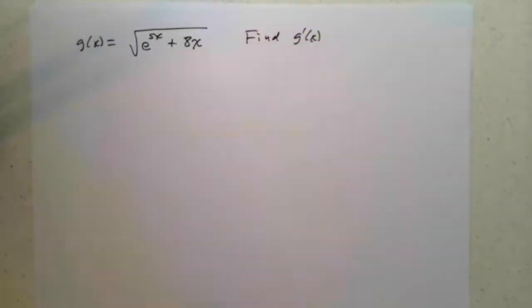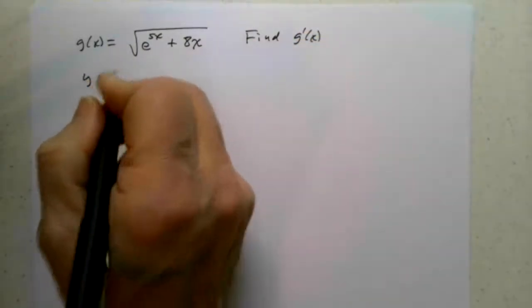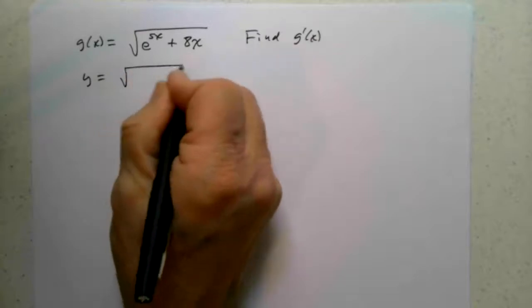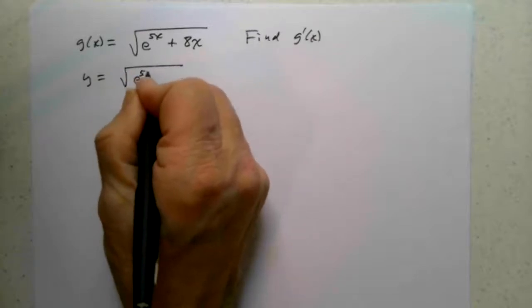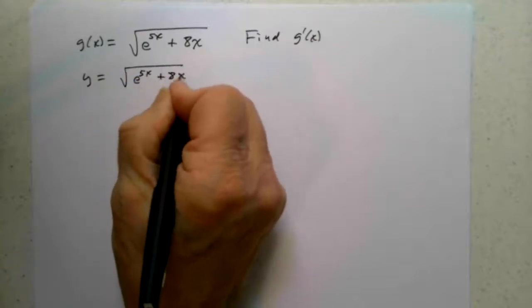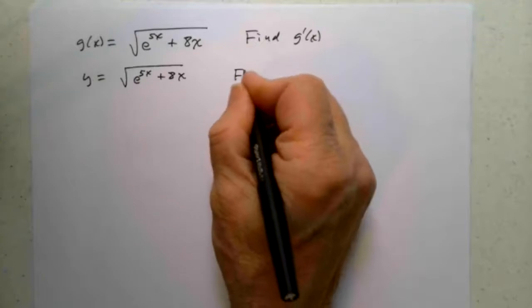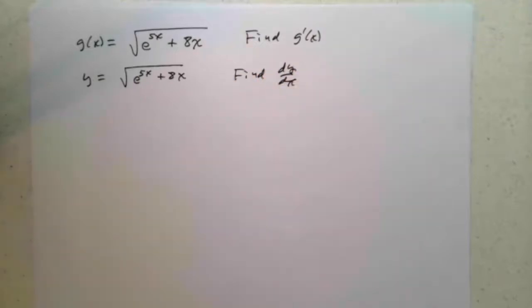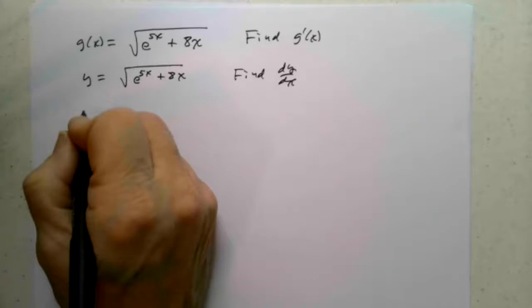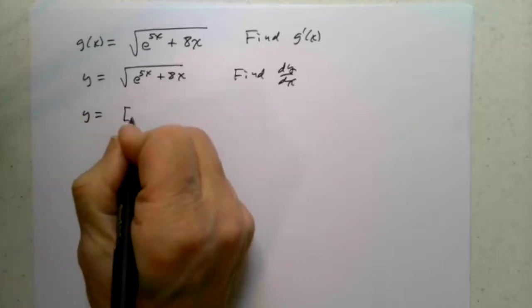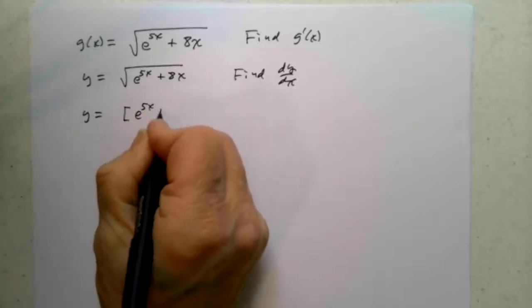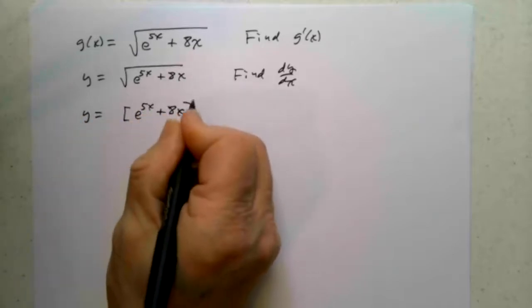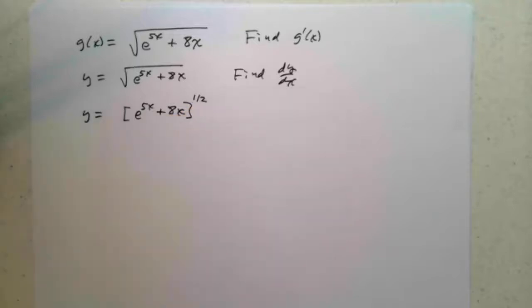Again, I'm going to rewrite it in terms of y. y equals the square root of e to the 5x plus 8x. And now my new goal will be to find dy/dx. And I'm going to rewrite this as y equals e to the 5x plus 8x raised to the 1/2 power.